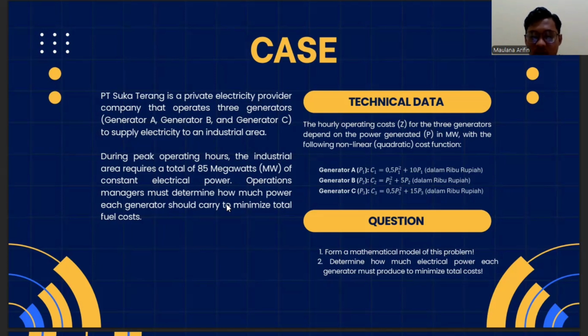And generator C is C3 equals 0.5 P3 squared plus 15 P3. And the questions: first, form a mathematical model of this problem. And second, determine how much electrical power each generator must produce to minimize total cost.